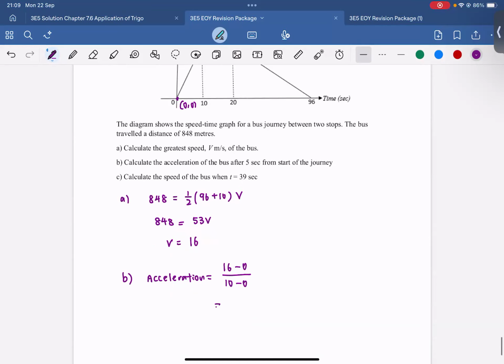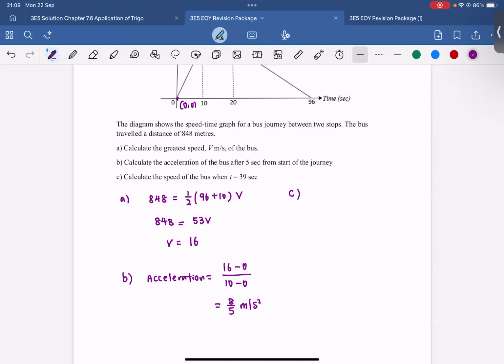So we will get 8 over 5 meters per second squared. So for A, if we put the unit as meter per second, can or not? They ask you for V. Can you see V? Here already got unit. You write unit again? Weird, right? If you write the unit there, it's like 16 meter per second, you know.